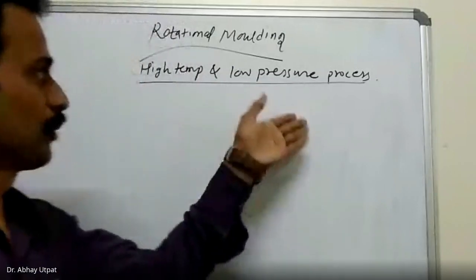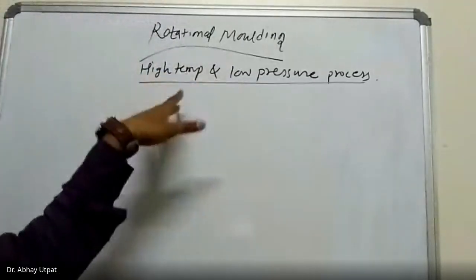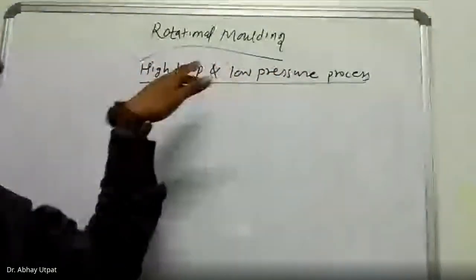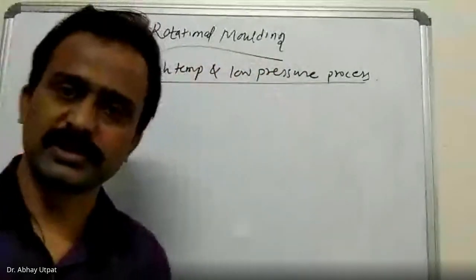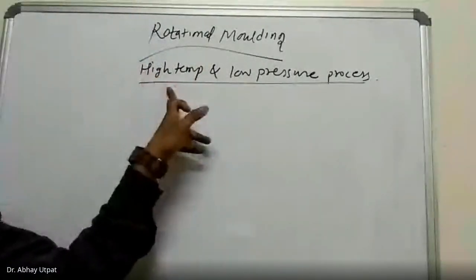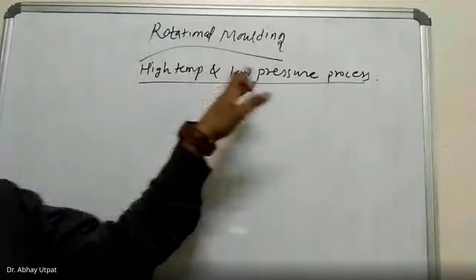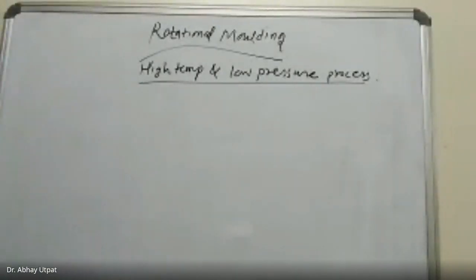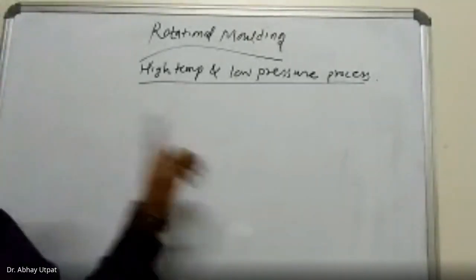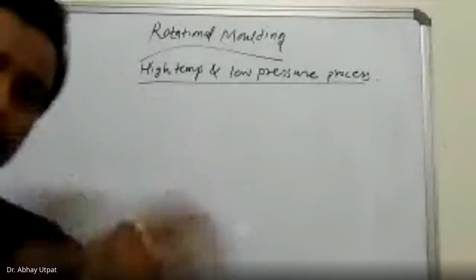High temperature, low pressure; low temperature, high pressure; and so on. Any combinations may be given, and the correct option will be high temperature and low pressure. So remember this.